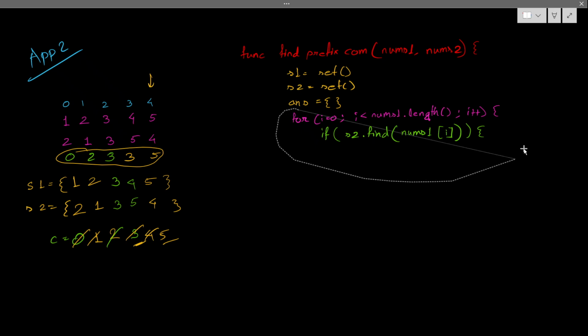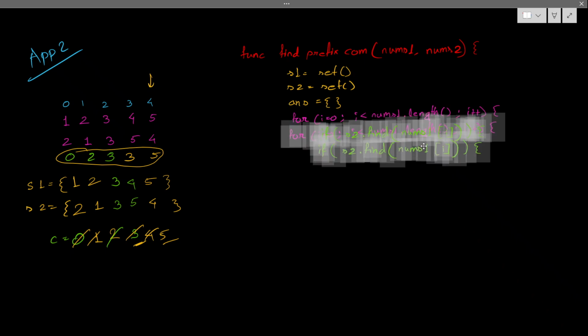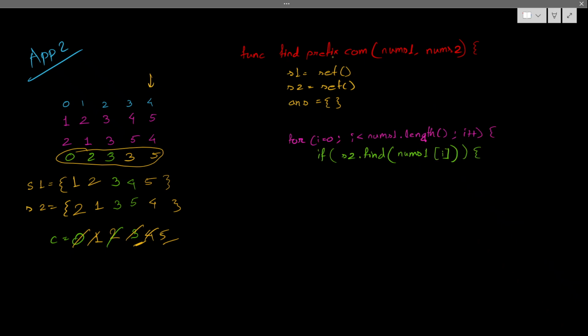So for that I need a count variable as well, cnt equals 0. I got it. After that, what I have to do? In the AS1, I will add nums1 of I.